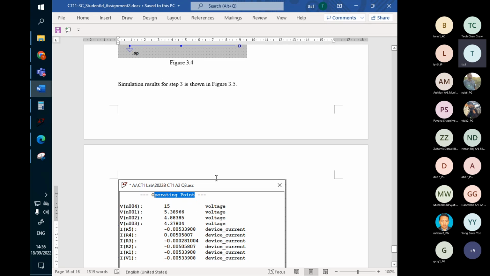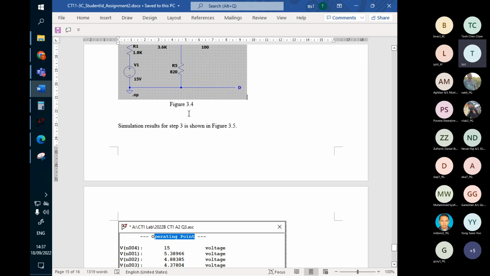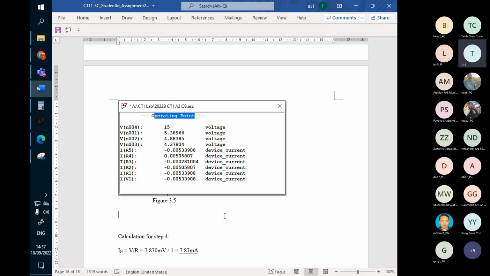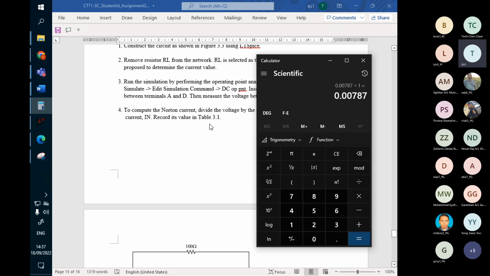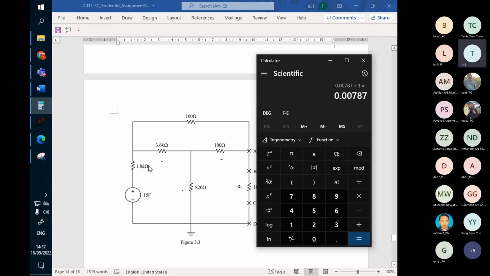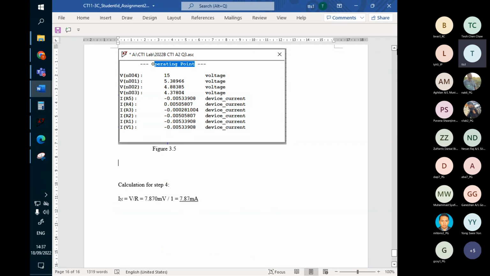Okay, we need to replace this circuit. It's no longer represent the step 4. This is step 1, right? So we need to insert the simulation circuit for step 4. Is it step 4 or step 3? Let's find out. Simulation circuit for step 3. Okay, just do it one by one. Simulation circuit.